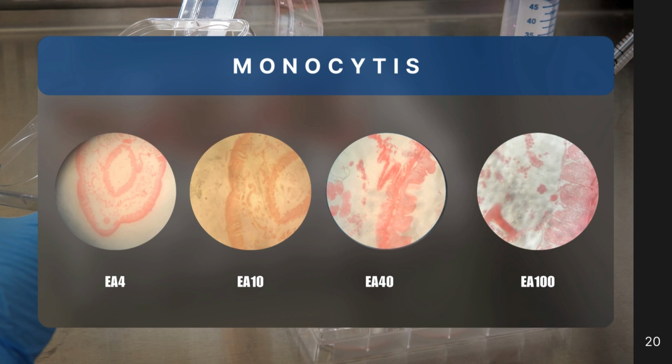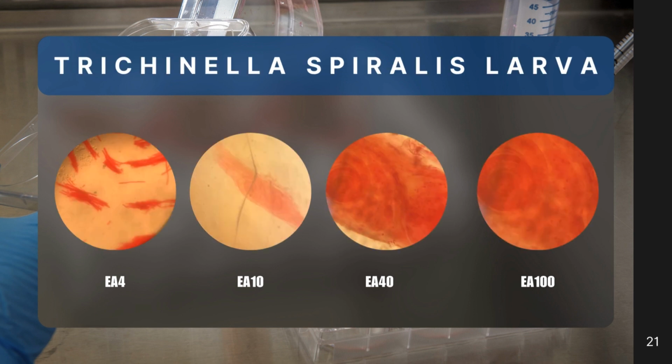The third specimen is Trichinella spiralis larva. Trichinella spiralis is a parasitic roundworm that causes trichinellosis, also known as trichinosis, in humans. The larvae of Trichinella spiralis are the infective stage of the parasite.